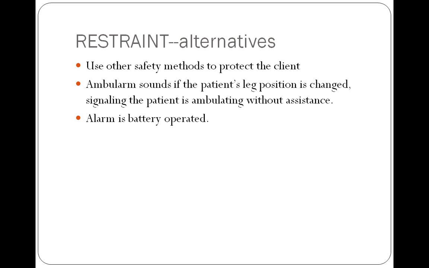Some other alarms are a band applied to the patient's leg, so that when the patient's leg position changes dramatically, again a signal the patient may be getting out of bed or standing from the chair, then the alarm goes off.